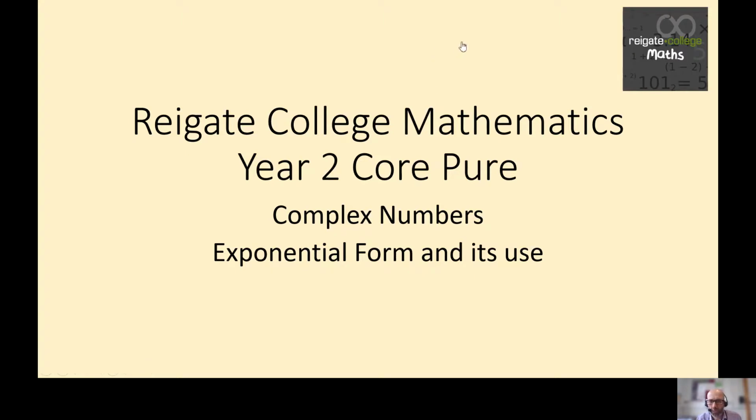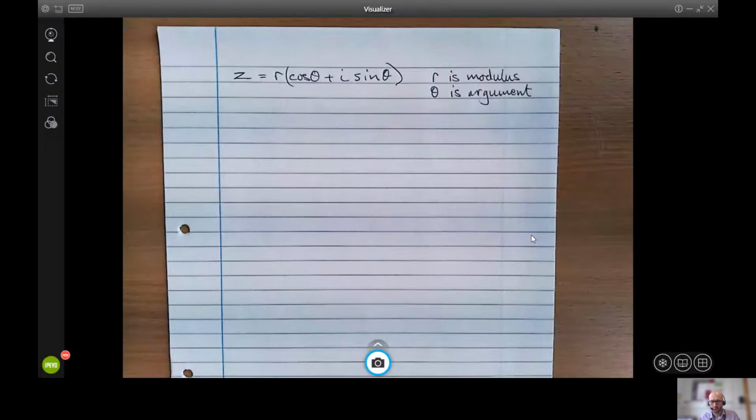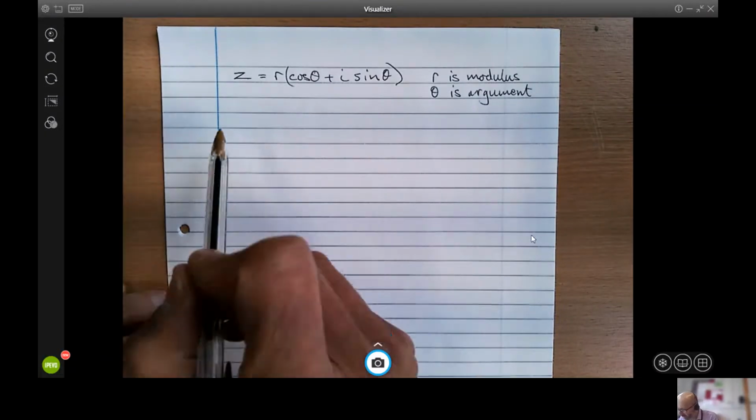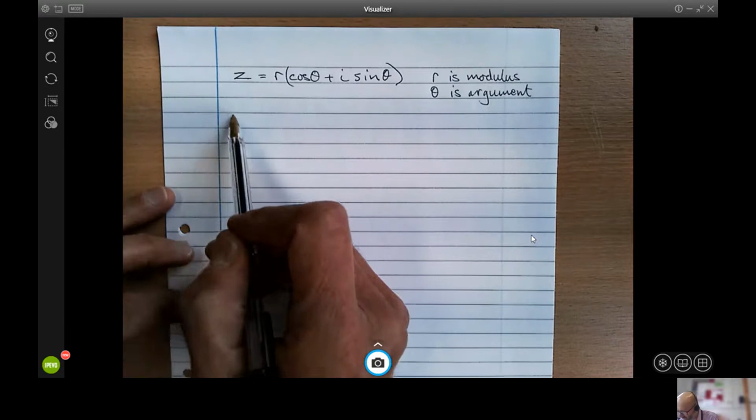So I'm going to start by sharing the visualizer. And what I've done is I've written a complex number in its modulus argument form.